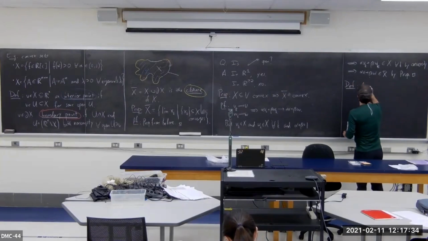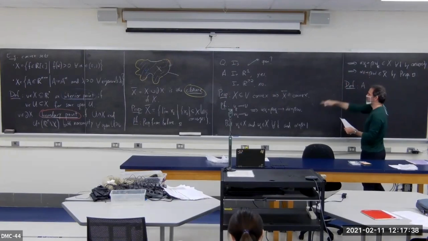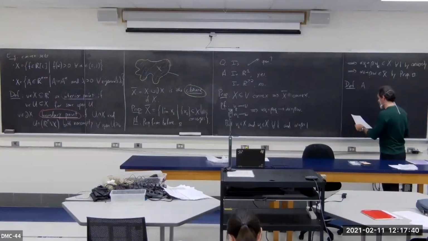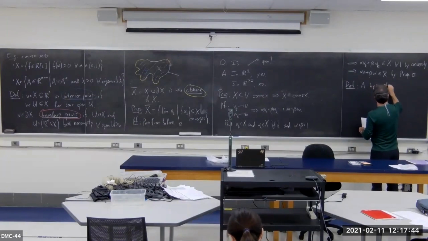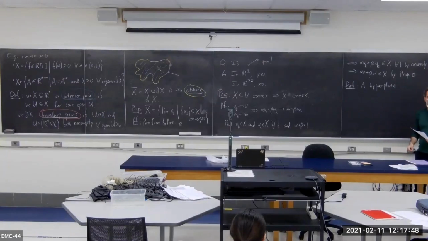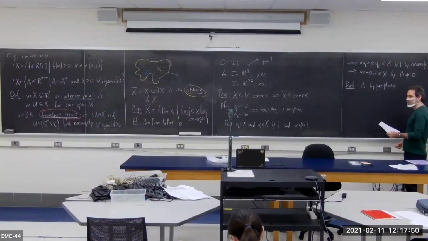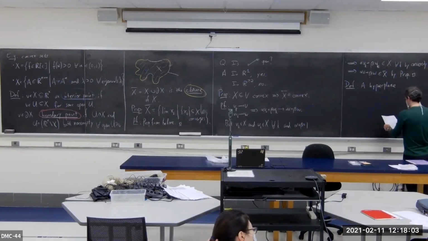So now we're getting into some actual convex geometry here. This is preliminary stuff, but now we're getting into actual convex geometry. A hyperplane, by which I mean an affine subspace of codimension 1 inside of the vector space. Codimension means you look at the difference in dimension between the affine space and the whole space. So codimension 1 means it's one dimension less than the ambient space.